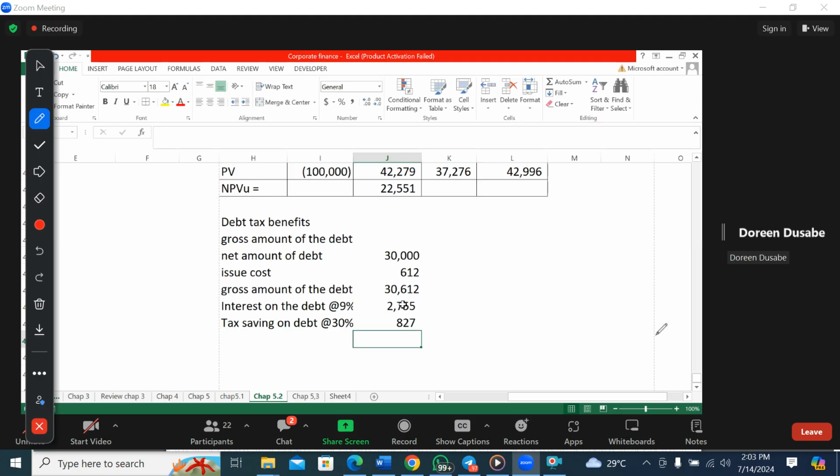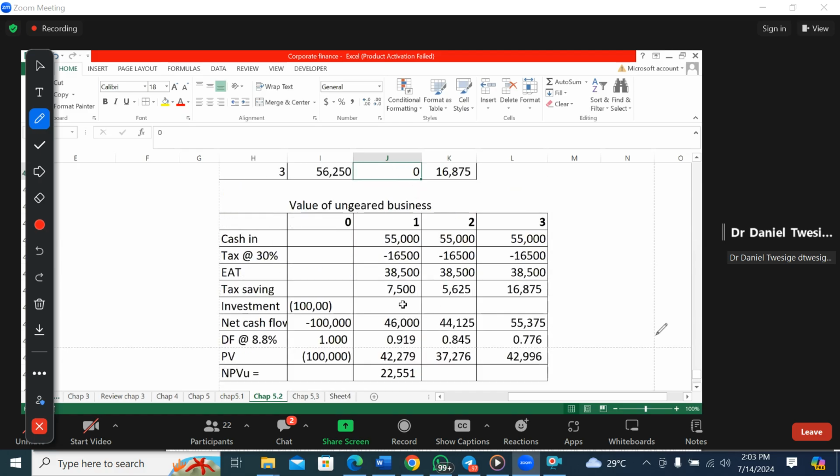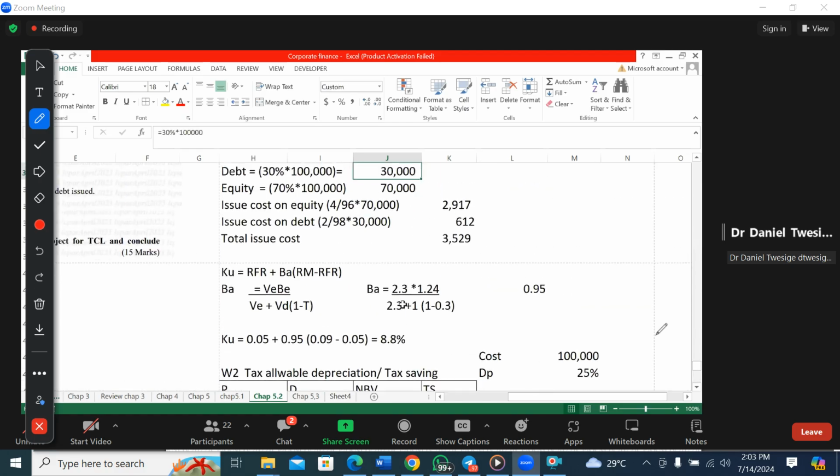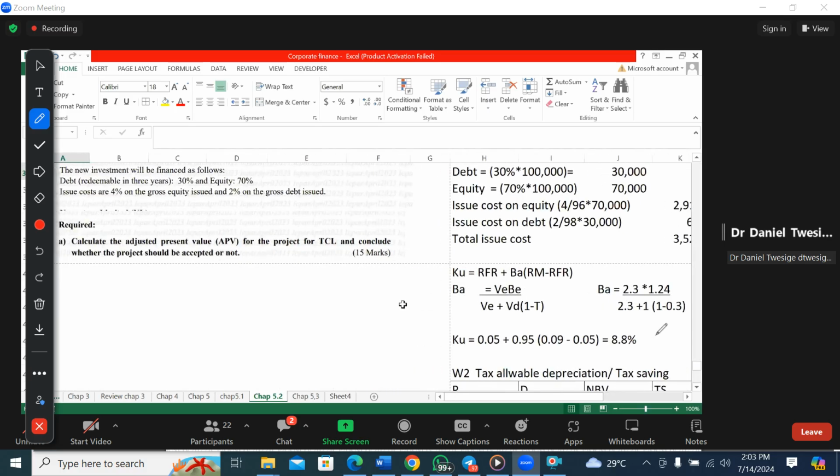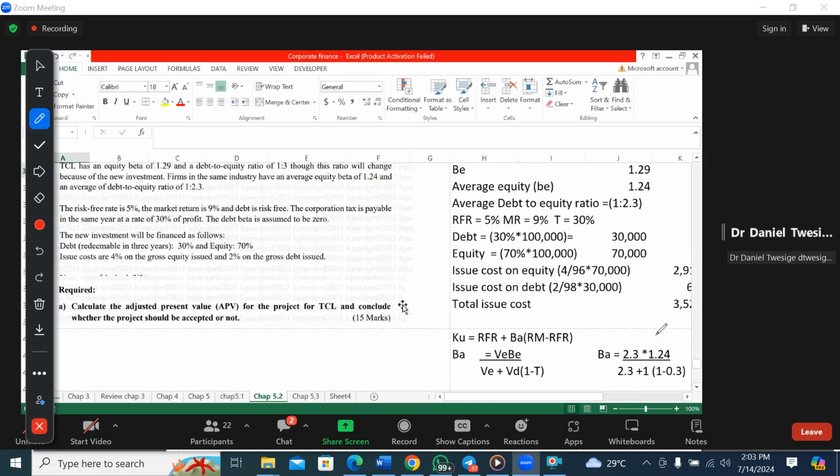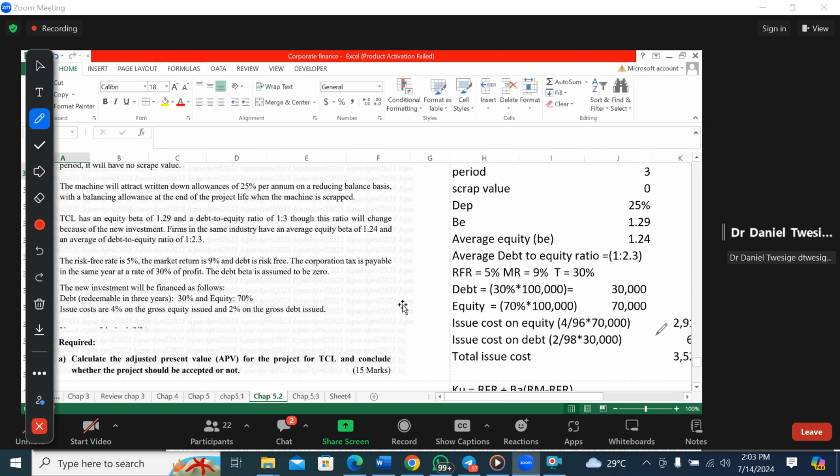Where is this 9% coming from? Maybe I'm the one who got it wrongly. Let's go back. I saw as if it is the same, 9%. Look at here. The risk-free rate is 5%, isn't it?